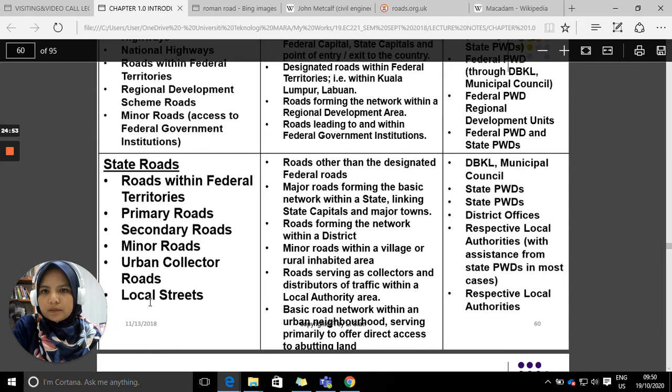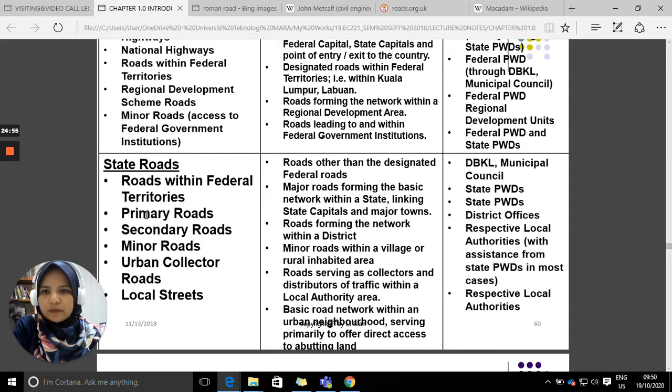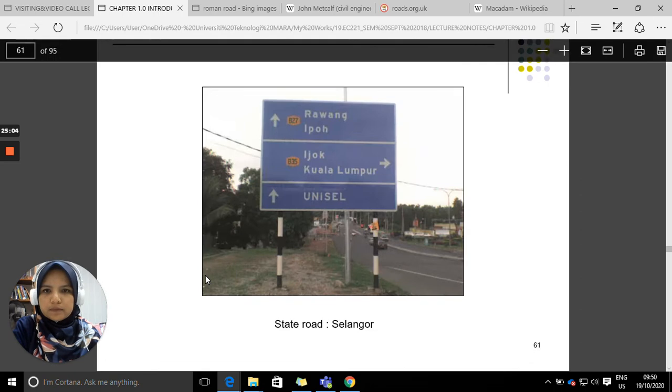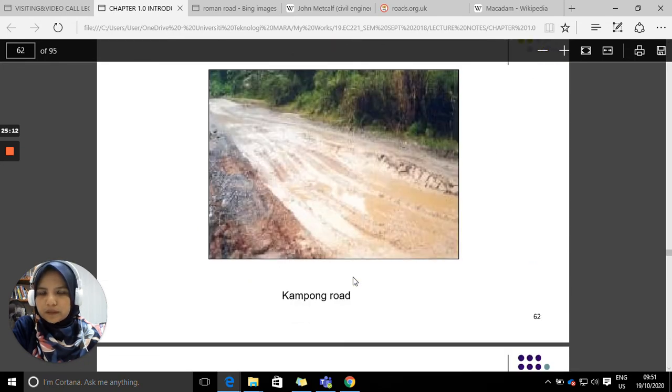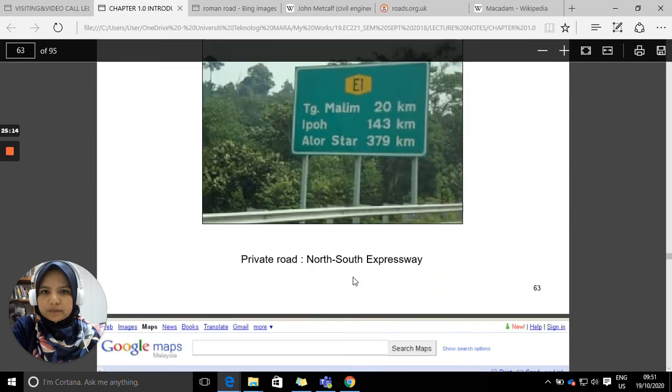Road within federal territories, primary roads, urban, collector, and local streets. Right? Okay, so this is the example of the state road in Selangor. Okay, the Kampung Road is a bare road, right?